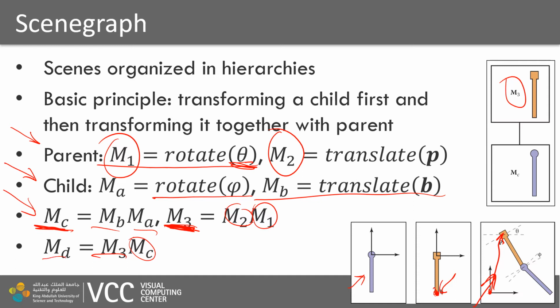So this is the complex operation for the child. And we can see that the M3 is part of the transformation for both of these parts. But simply the child has more transforms to perform. But this is the way how we can concatenate various parts which are hierarchically organized in a scene in the so-called scene graph.